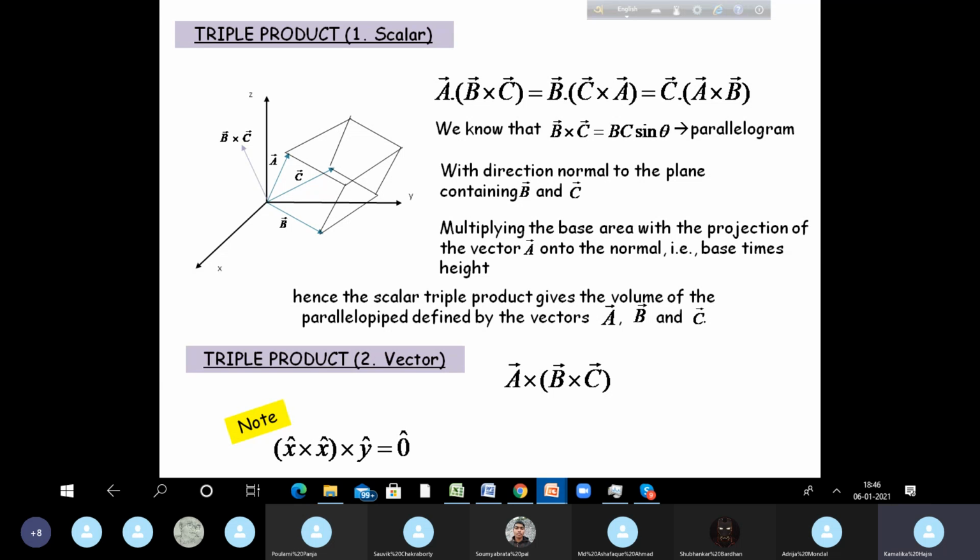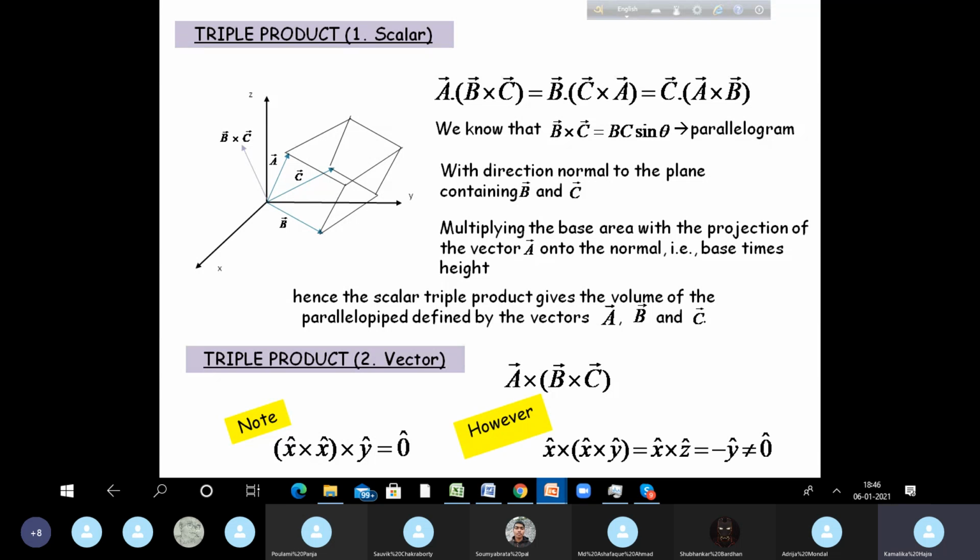Just note that suppose you are taking the triple vector product of x cap and y cap. If you take it like this, x cap cross x cap cross y cap, then the result is 0, because we know x cap cross x cap is 0.